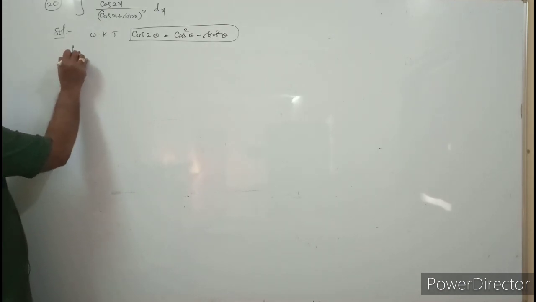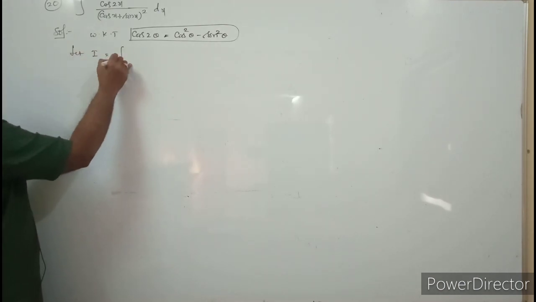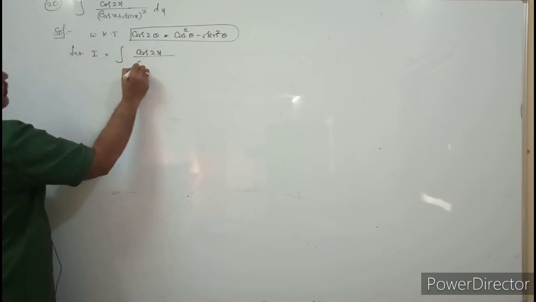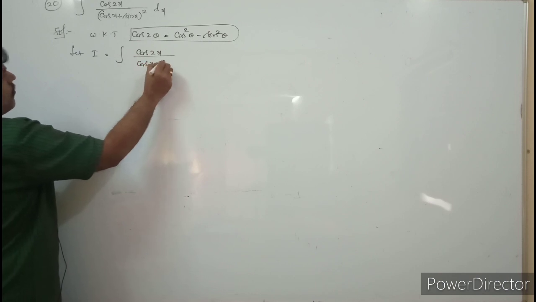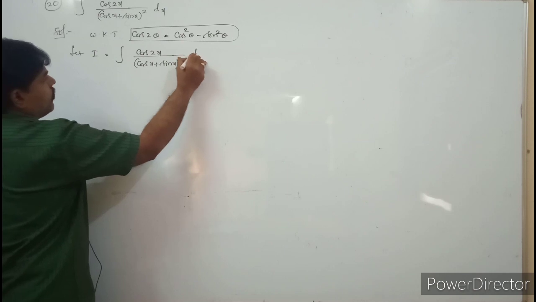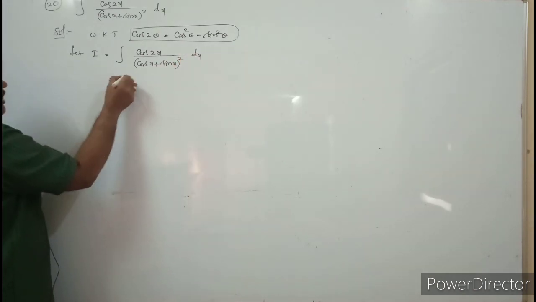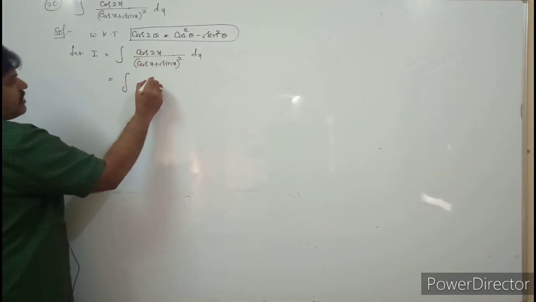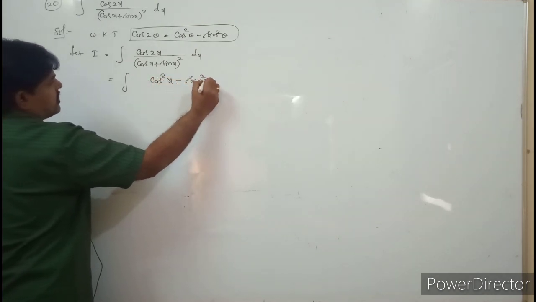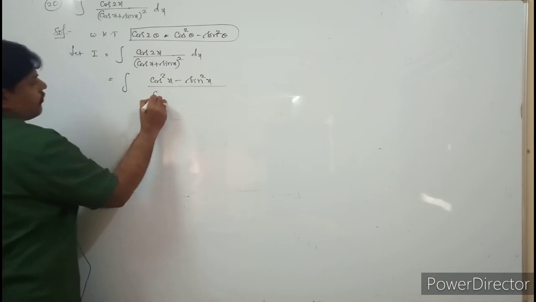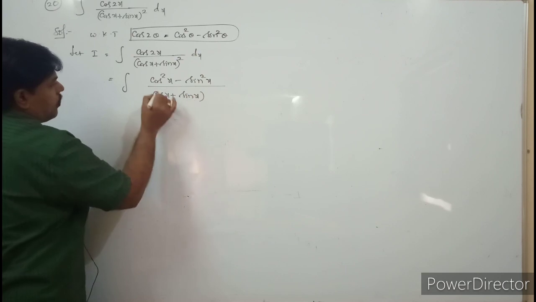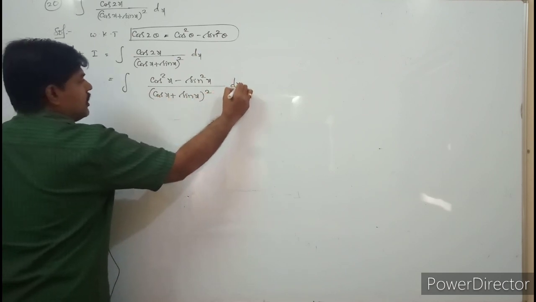Let I is equal to the problem, integral of cos 2x by cos x plus sin x whole square into dx. That is equal to integral of cos 2x, which you can write as cos square x minus sin square x, by cos x plus sin x whole square into dx.